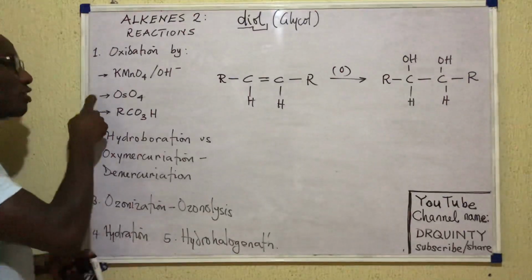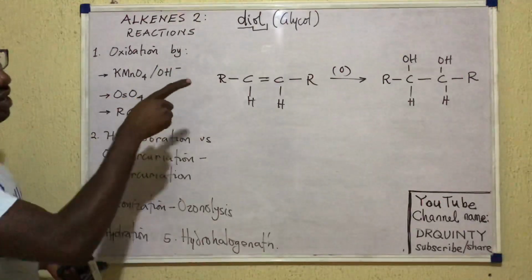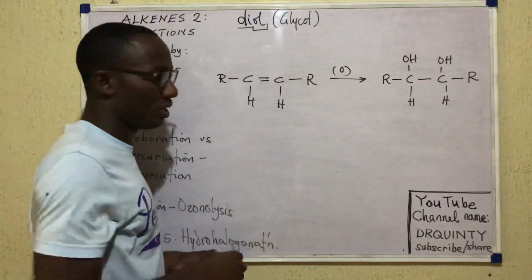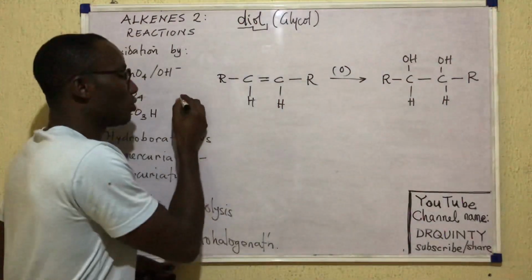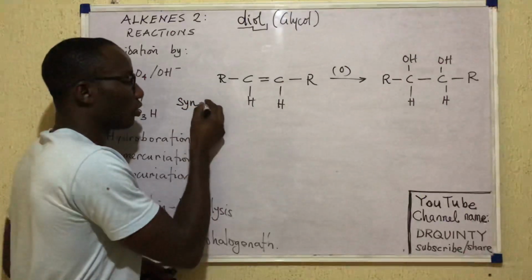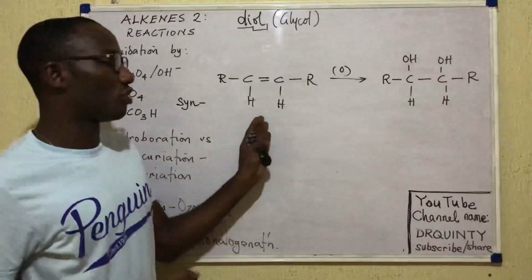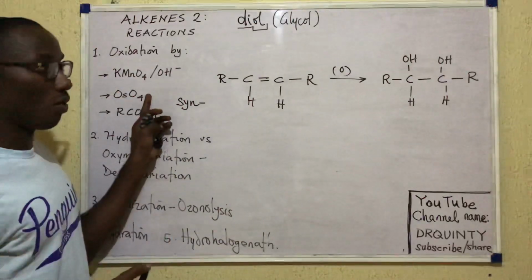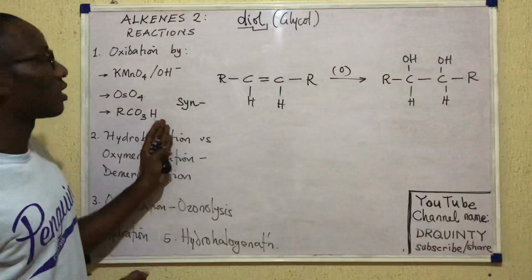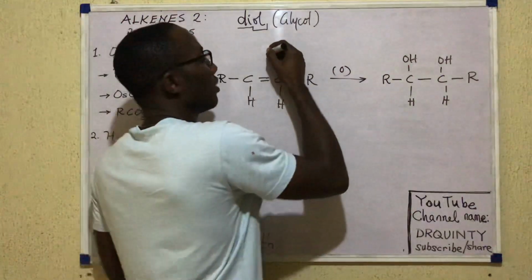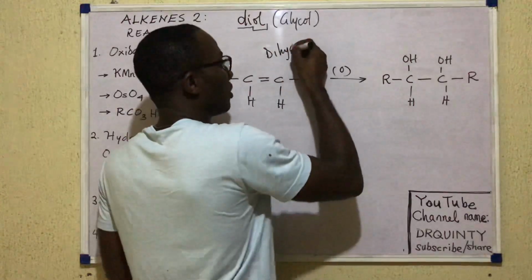Now, for the first two, when they react with an alkene, when they oxidize an alkene, we say that they do so in a fashion called the syn fashion. See what I mean? We can call this reaction, that's for these two now, or generally for the three of them, this oxidation I'm talking about, we better refer to it as dihydroxylation.